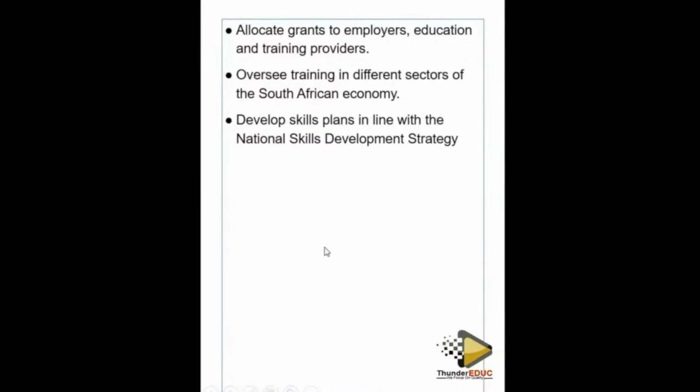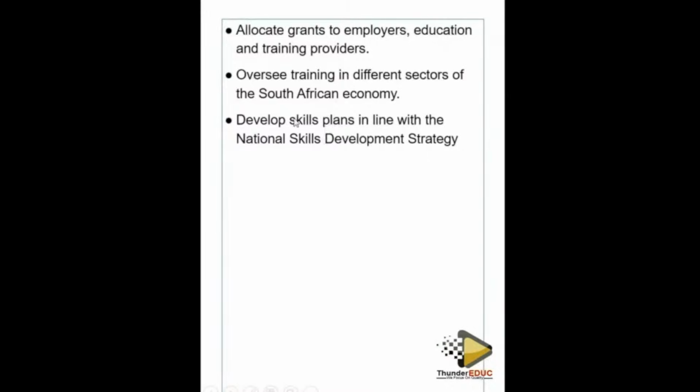So now the SETA, whenever it evaluates the skill plans from the service providers or businesses, should also compare them with the National Skills Development Strategy that is in place for that particular year.